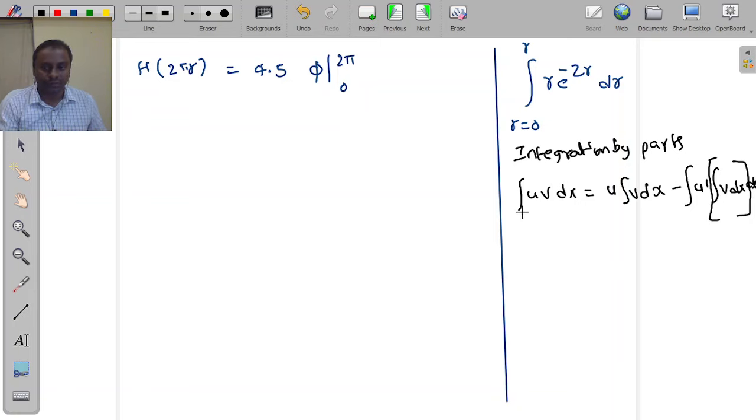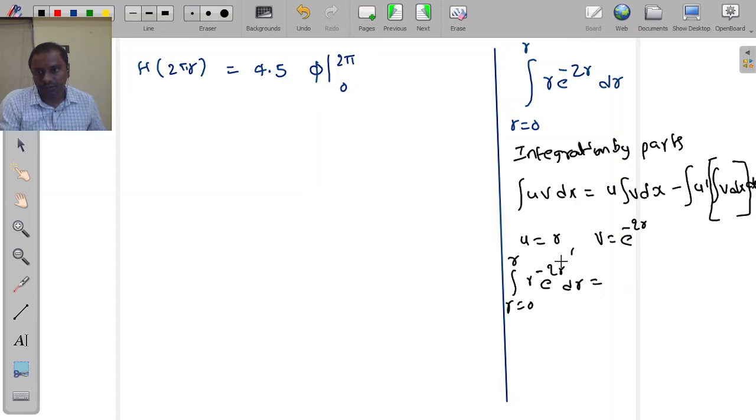This is the formula. Now for this given function I am taking u as r and v as e power minus 2r.